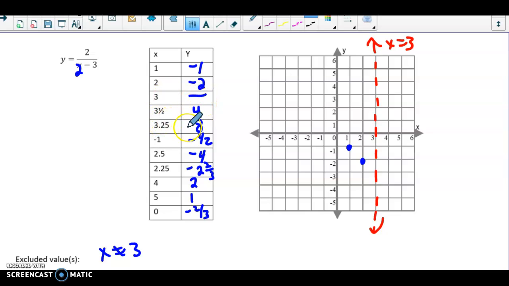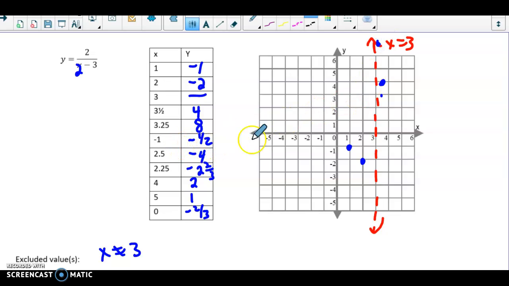So I put 3.5 in. 3.5 minus 3 is 1/2. 2 divided by 1/2 is 4. So 3.5 gave me 4. 3.25, that's 3 1/4 minus 3 is 1/4, and 2 divided by 1/4 is 8. So that's way up here.